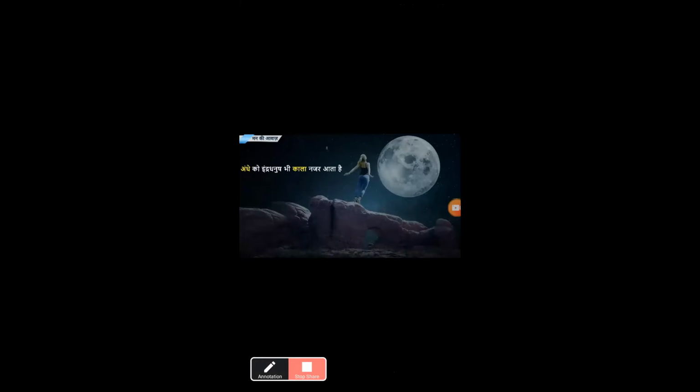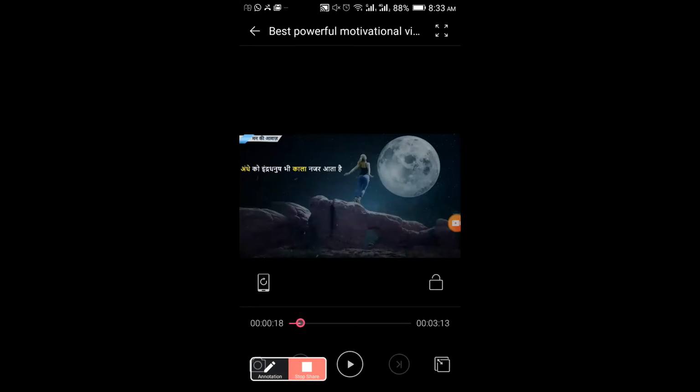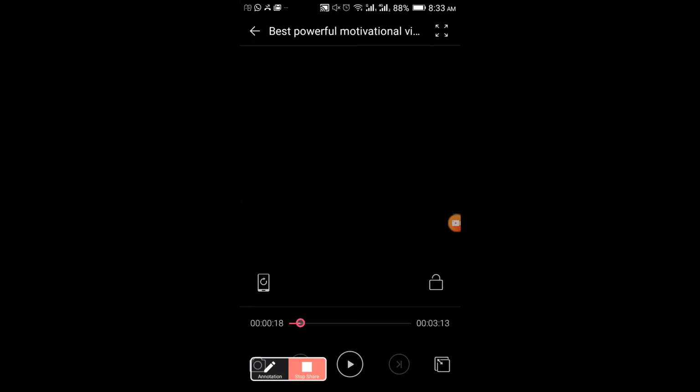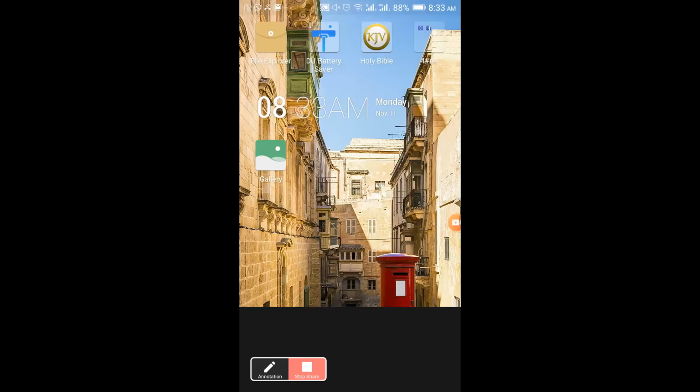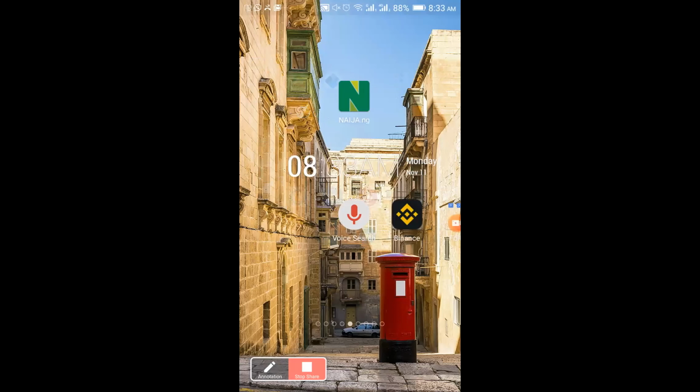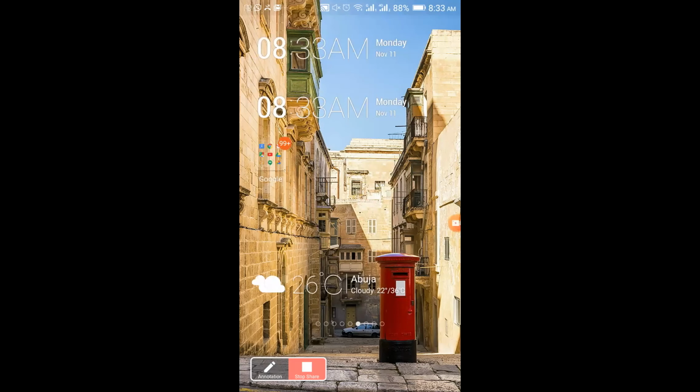Then the second option, I love this second option because this app is very good. The second option is through an app called TubeMate. So immediately after this class, you can download TubeMate on your phone. This is the second option.